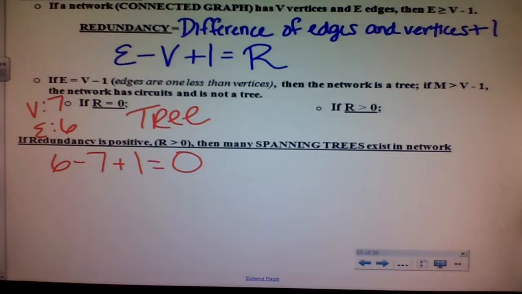It would never be less because it would automatically be disconnected and you wouldn't even have to do redundancy. So you would end up with more. If your redundancy comes out to be a number that's greater than 0, it's automatically not a tree.